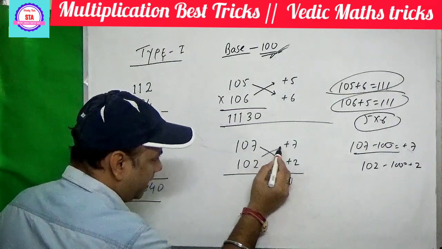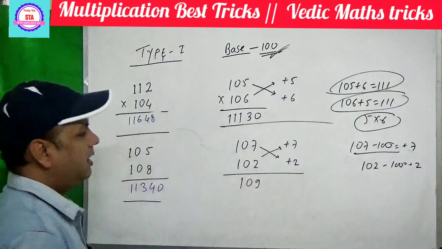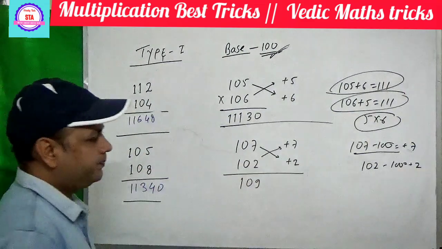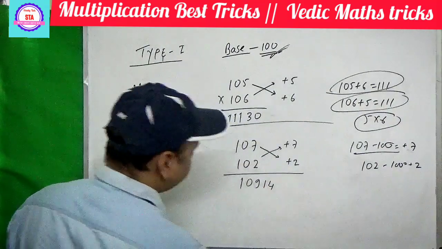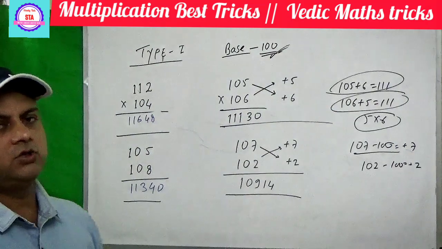Cross adding. Add 107 plus 2, that is 109. Then multiply 7 into 2. Write 14. This is the multiplication of 107 and 102.